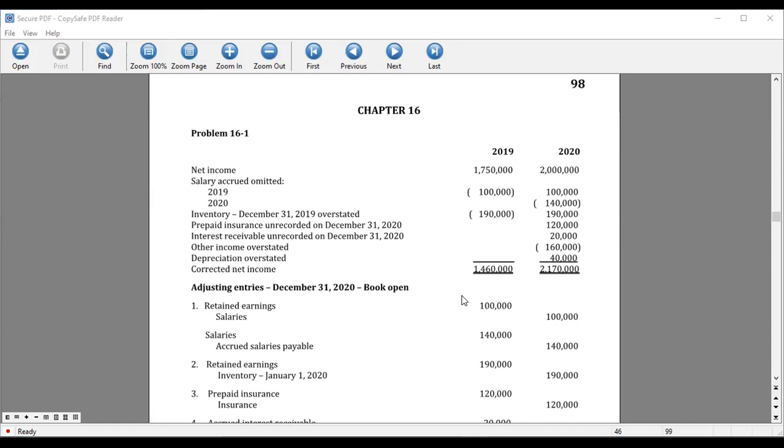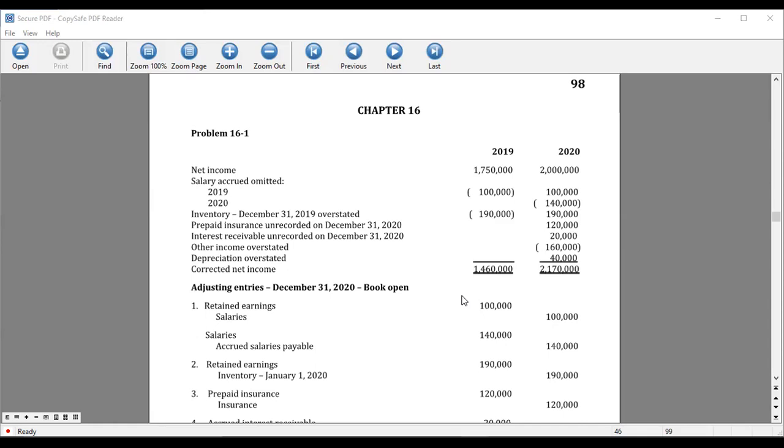So we have to add back 120,000. Interest receivable not recorded on December 31, 2020. So meaning it was not recorded. Interest income was not recorded. So we have to add back in 2020.